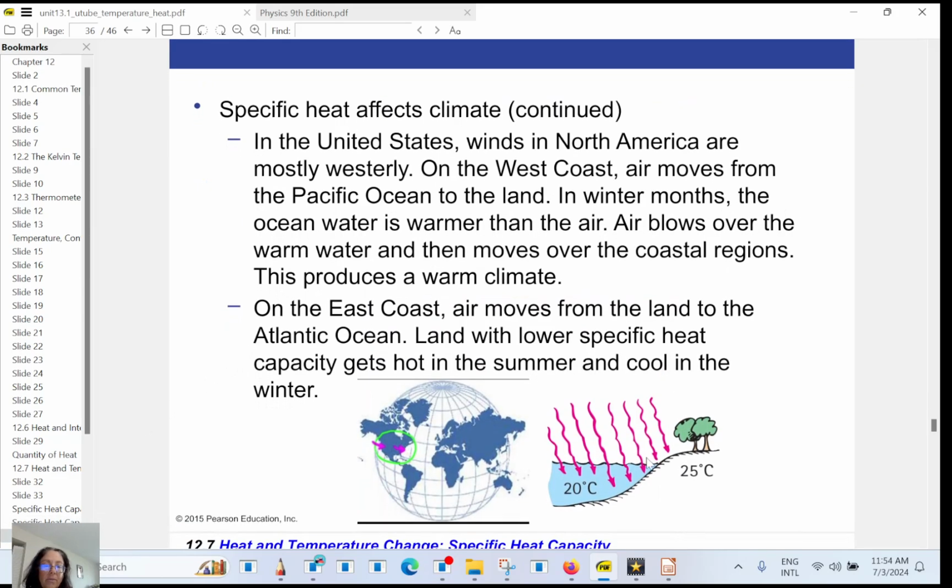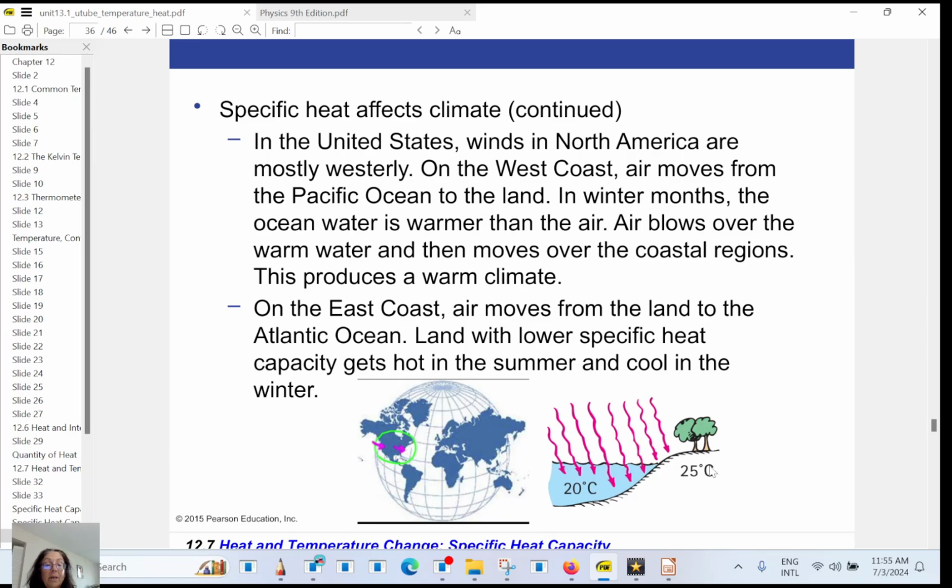So if you like cold, it's fine. Okay, so if you have countries by the ocean, it's not going to be as cold as inland, because the water will mitigate the temperature. Water has a capacity to hold heat or to release it. It will take a lot of time for water to increase its temperature, and it takes a lot of time for water to decrease its temperature.